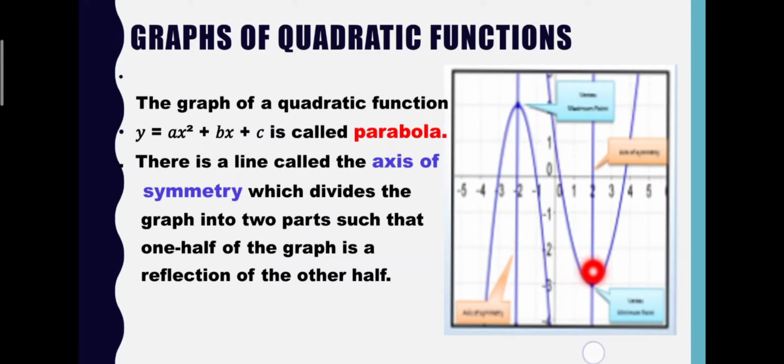Then for this graph, this is called the axis of symmetry. It is the one that divides the graph into two parts. Parang dinidivide lang ng axis of symmetry ang graph.